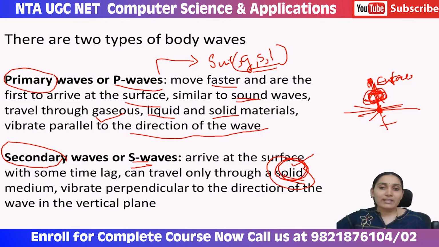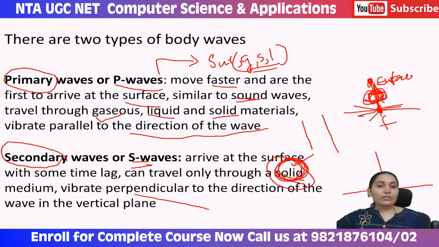So if there is any water body or any gaseous medium, then the secondary waves cannot travel through them. And they vibrate perpendicular to the direction of the wave in the vertical plane, whereas in the case of primary waves, they vibrate parallel. So parallel there, and here perpendicular to the direction, in the vertical plane. I hope this is clear for you. Okay.